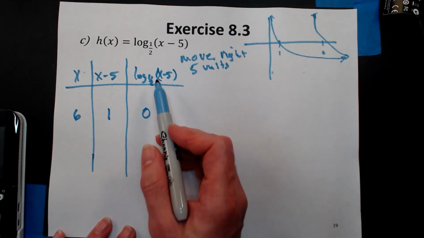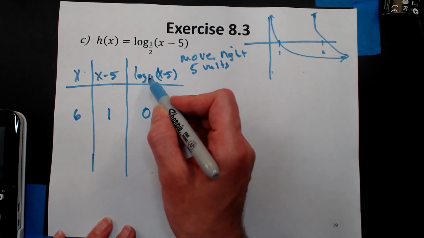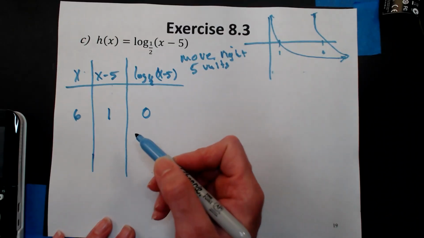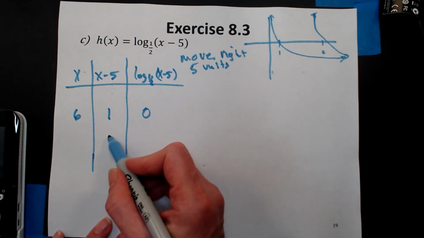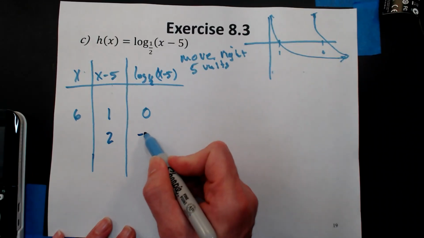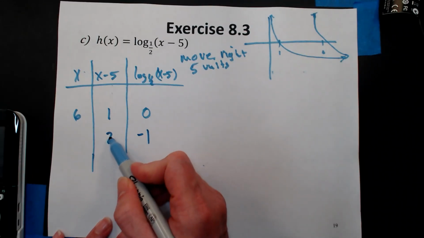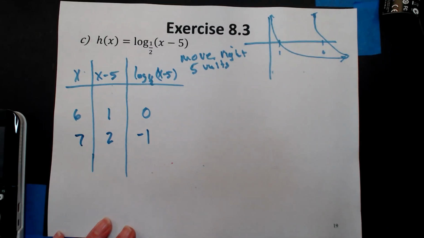And here, instead of plugging in something that would give me a power of 1/2, like 1/2, I don't want to plug in fractional numbers. So instead, I'm going to say I want this to be 2. Because if I plug in 2 to this, then I'm going to get -1 back out. Now what would give me 2 here is if I added 5, so this would be 7.